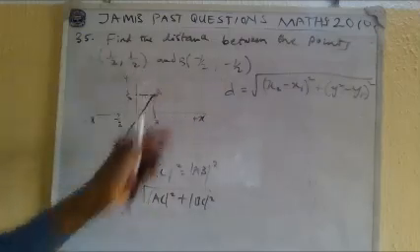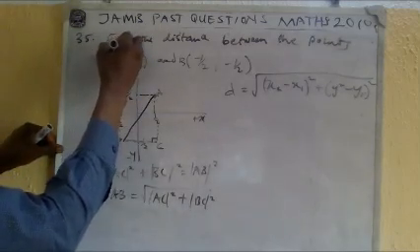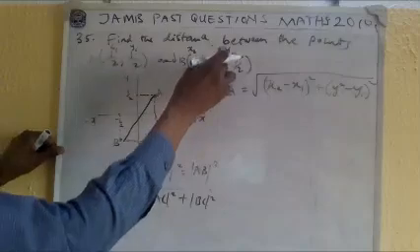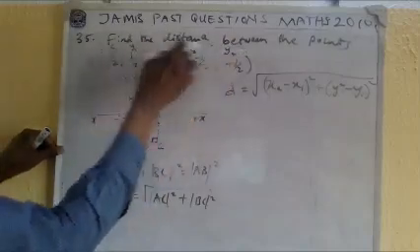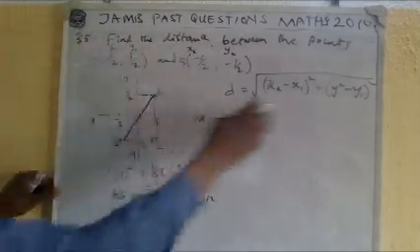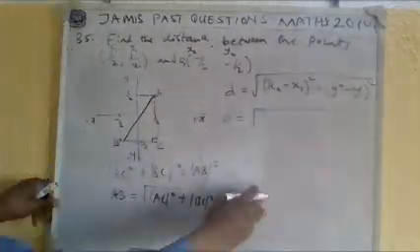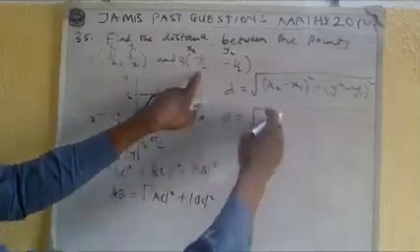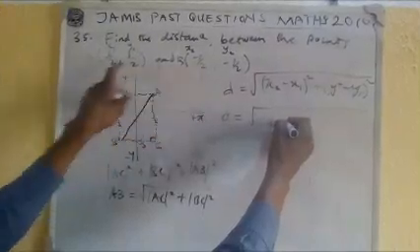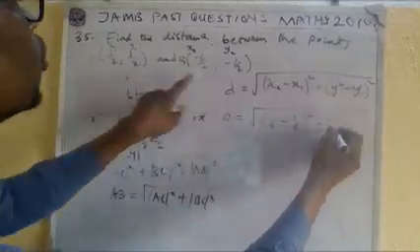But anytime you see something like this, you just identify which one is x1 and y1, and which is x2 and y2. Then just take the difference between this and this, squared, plus this and this, squared. That's what happened here. So D is equal to the square root. The change in x is what? Minus half minus 1 over 2, all squared, plus y.